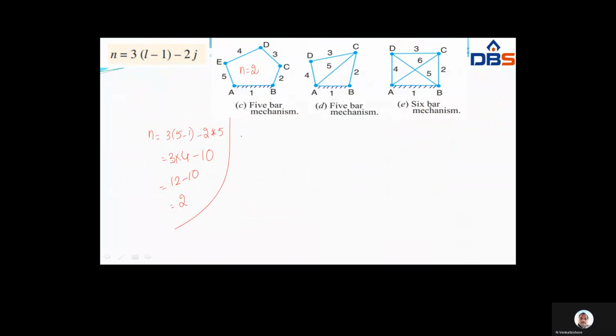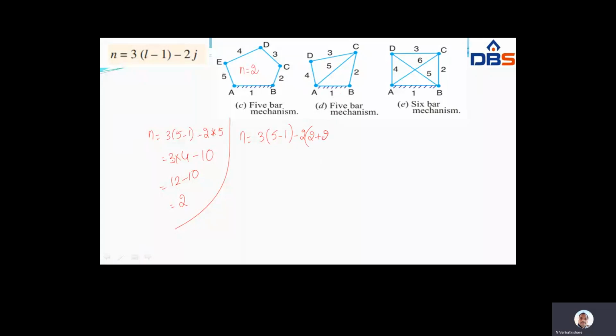Then what about D? n equals 3 into how many links? 1, 2, 3, 4, 5. 5 minus 1, minus 2 into the number of binary joints. Here the binary joints are B and D, so that is 2, plus A and C. A has 3 joints and C also has 3 joints.